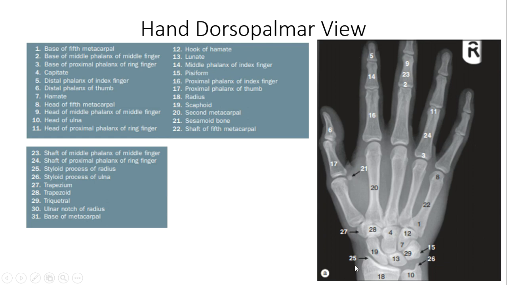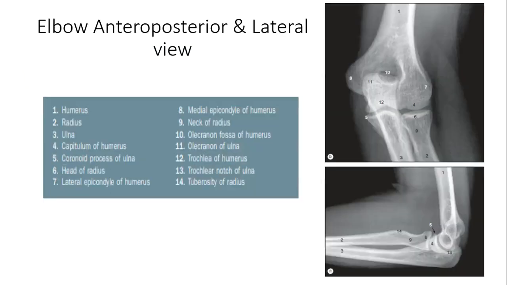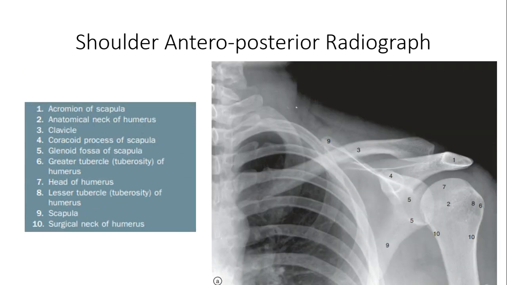Okay, so we covered almost the whole skeleton of the upper limb, and just to summarize, the clavicle is the first bone, which articulates proximally with the sternum, forming the sternoclavicular joint.